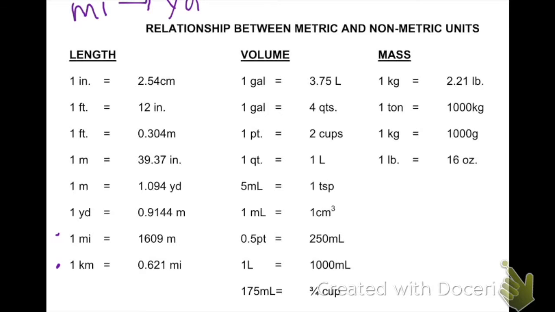So we need to really look and see what we want to do. I don't know about you, but these look pretty enticing right here. 1 mile equals 1609 meters, and then 1 yard equals 0.9144 meters. So those would be the ones that I would use.